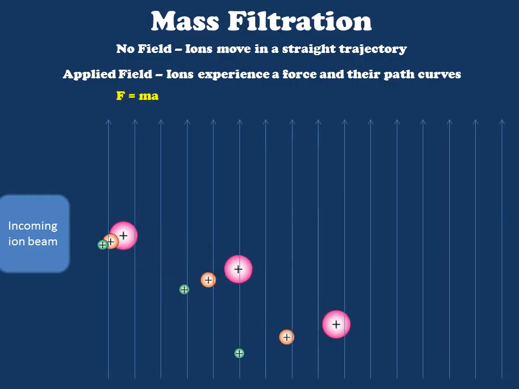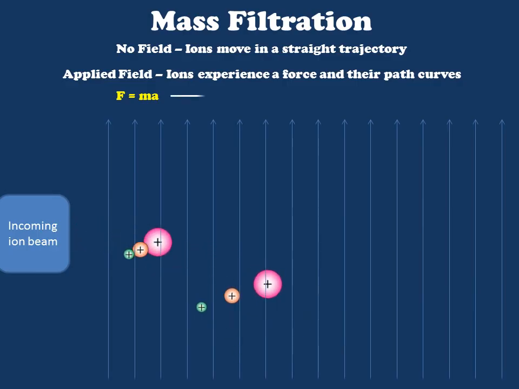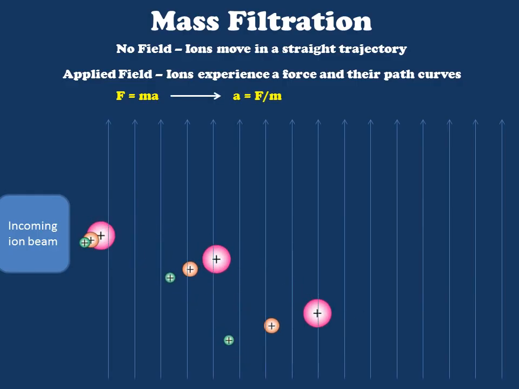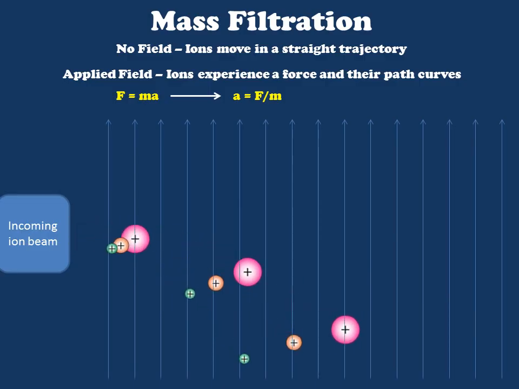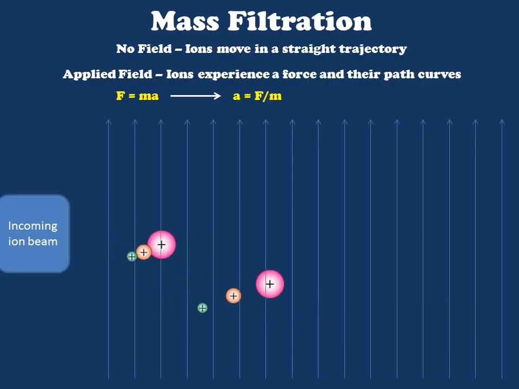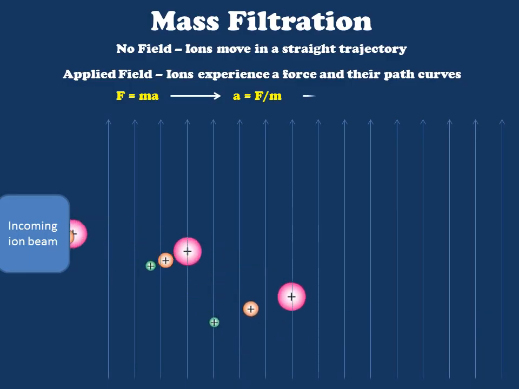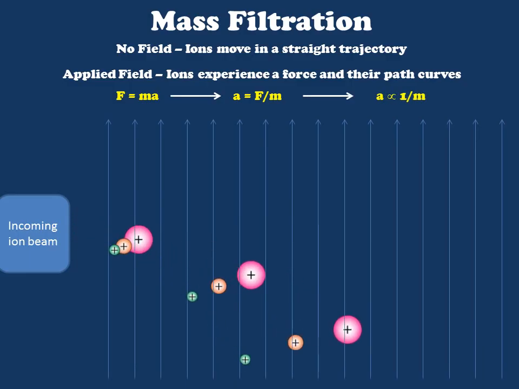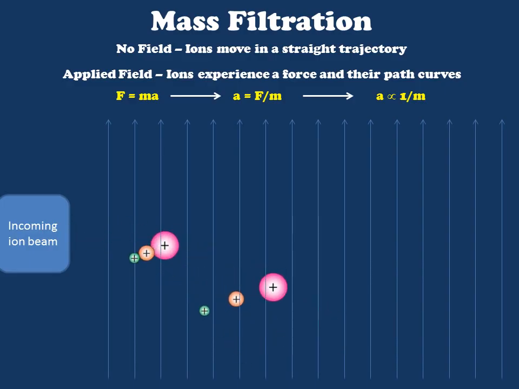Because force is equal to the mass times the acceleration of an object, we can calculate that the acceleration of any object must be equal to the force divided by its mass. In this instance, because force is constant for all ions, we can then determine that the acceleration is proportional to the reciprocal of the ion's mass.